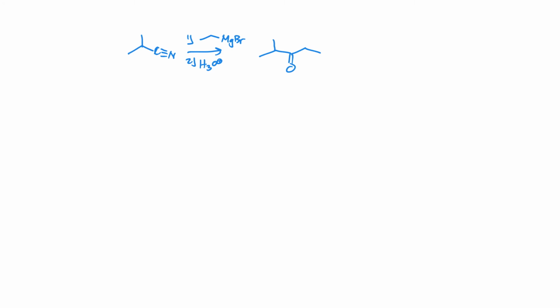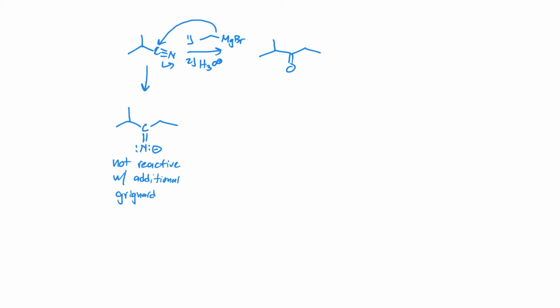Well, we know that Grignards are good nucleophiles, so let's draw the nucleophilic attack on our nitrile. We form this compound, which is not reactive towards other Grignards. If it were to add another Grignard here, we'd actually put a second anion on the nitrogen.